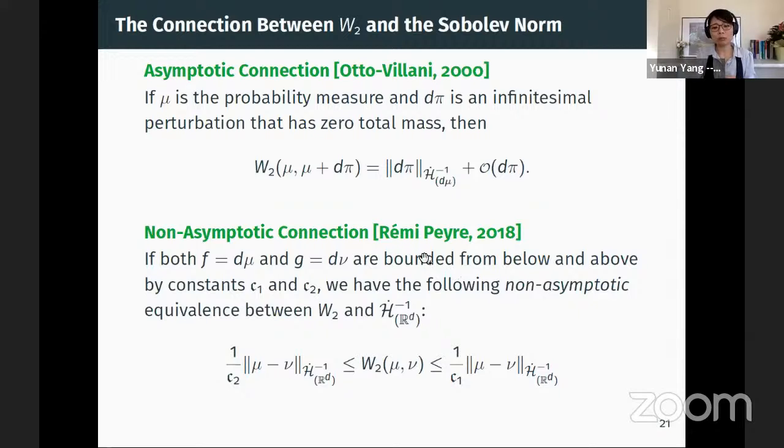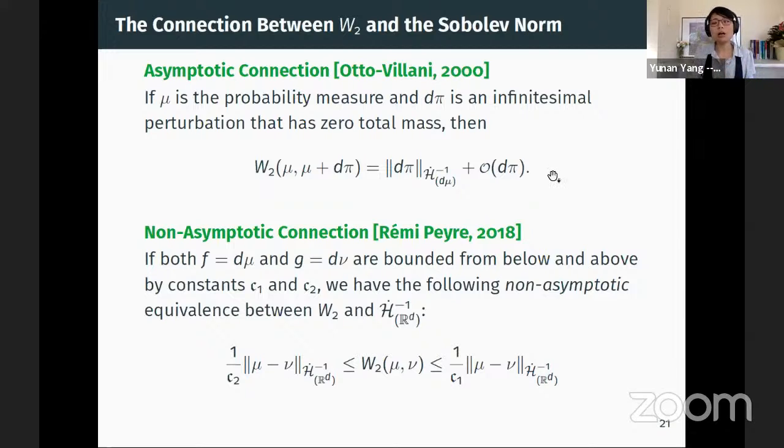So this is the case when we are comparing two things very, very close. But recently Rémy Perrier proved, I think, a very good non-asymptotic connection, which could be relatively harder. If I have f and g that are not close to each other, I can still relate it to the h-1 norm. As long as both distributions are bounded above and below by two constants, C1 and C2, one can show W2 is exactly equivalent to the Lebesgue measure based h-1 norm of the difference between mu and nu.